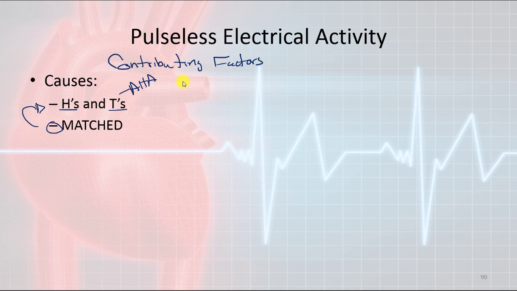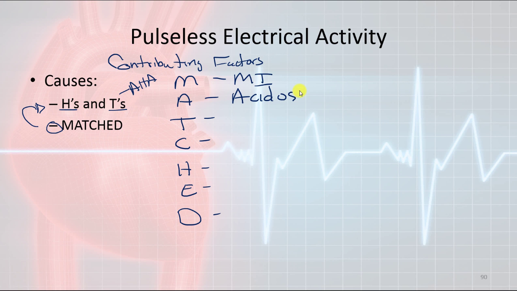The way the matched method works is we have your M, A, T, C, H, E, D. This is how I recall my contributing factors. The M stands for MI, myocardial infarction. The A is acidosis. The T is tension pneumothorax.